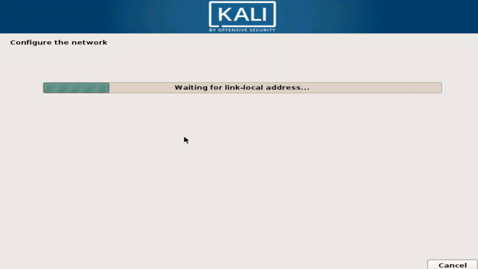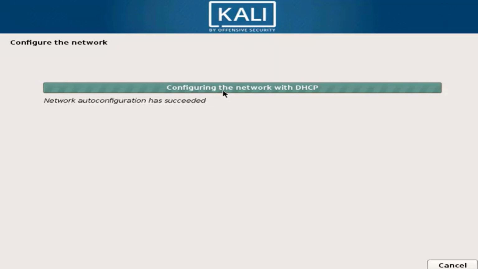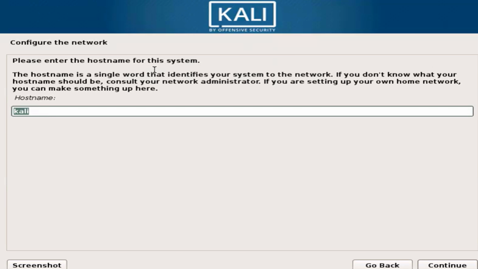Detecting network hardware. If you have an Ethernet connection, it will connect directly. If you don't have Ethernet, then it will ask for a Wi-Fi connection. I'm using Ethernet, so I don't have any problem.